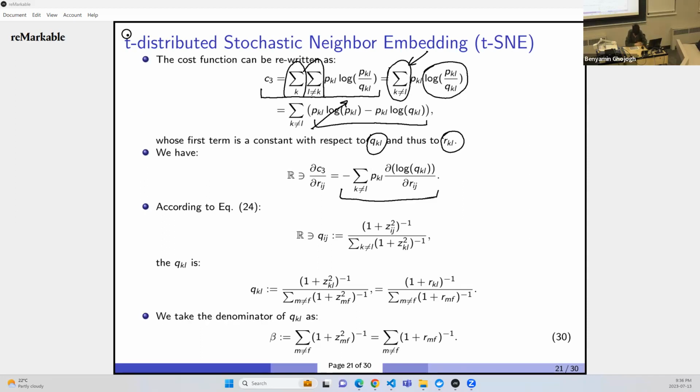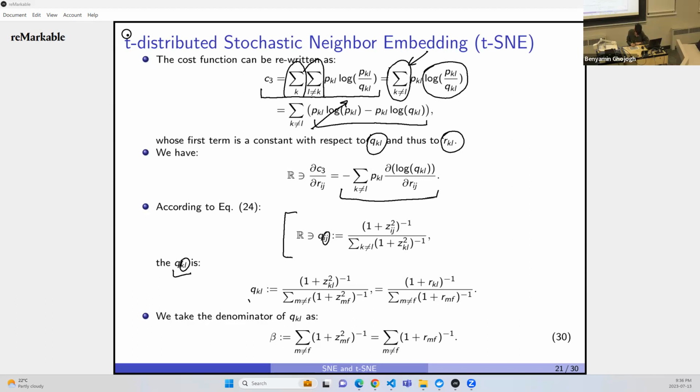Okay. According to equation 24, do you remember? This was the Qij, the Cauchy distribution in the embedded space. Now I replace i and j with k and L to write QKL. Does it matter? It's a dummy variable. i and j are dummy variables.